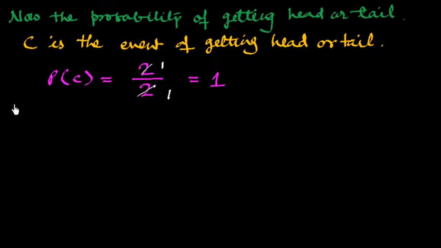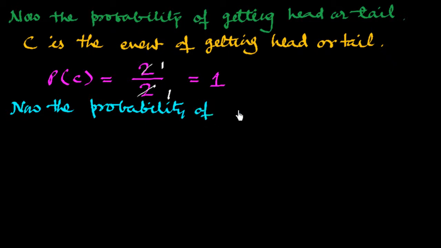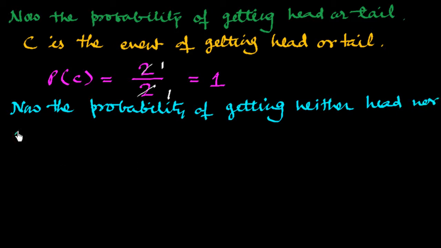Now we want the probability of the event of getting neither head nor tail.